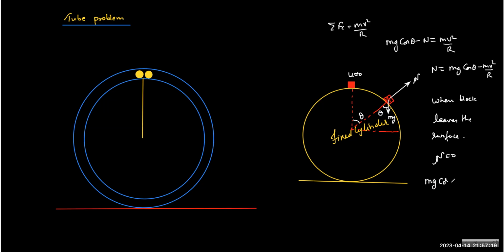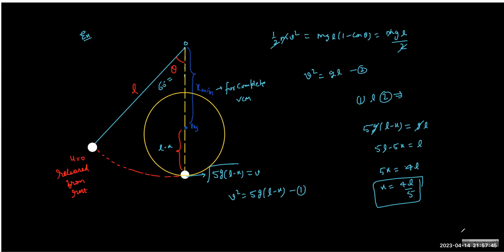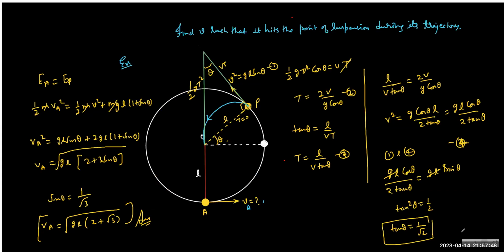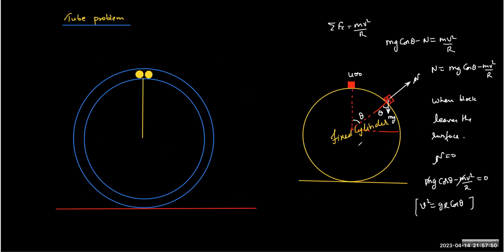So mg cos theta equals mv square by r, so v square is gr cos theta, correct? Similar to the scenario when tension becomes 0, where it was gl sin theta. Here the theta is with the vertical, so it is cos. If you had taken it from the horizontal, it is again sin.